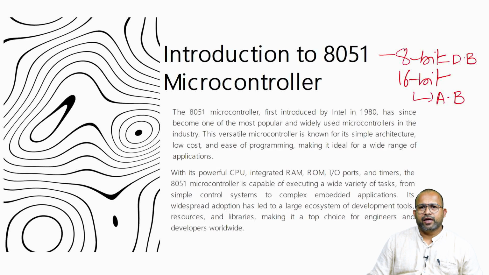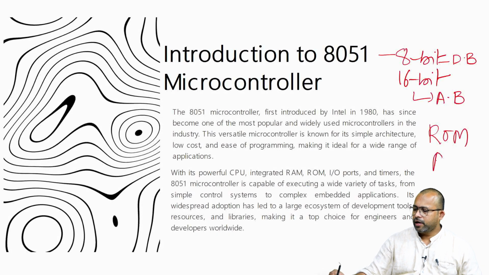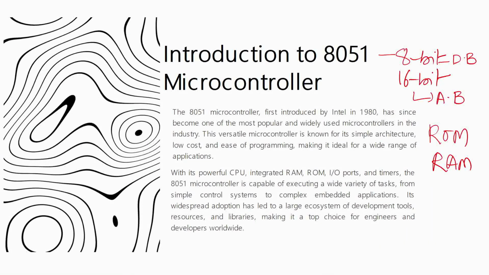It also has on-the-chip memory, both ROM and RAM. Read-only memory is otherwise called program memory or code memory, and RAM is otherwise called data memory. Code memory is of size 4 kilobytes and data memory is of size 128 bytes.